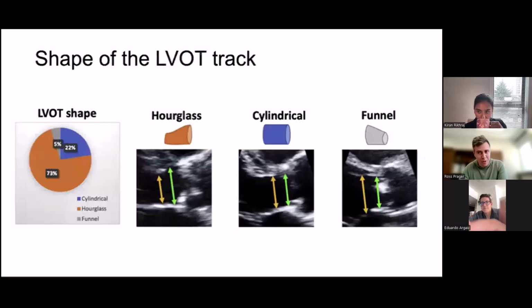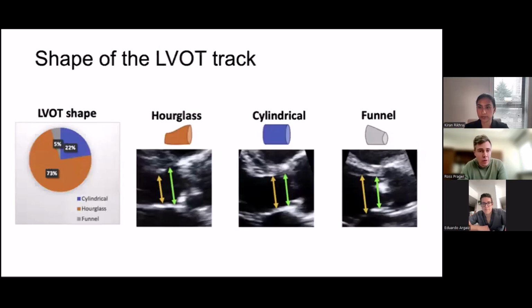First of all, none of us measure the LVOT diameter, probably in part for this reason. And we, again, focus on something like a minute VTI, where you're looking at the VTI and the number of VTIs in a minute as a surrogate of stroke, of cardiac output, or sorry, I should say cardiac index. But if you are going to measure the LVOT diameter to give a stroke volume and a cardiac output, you have to be aware that we make an assumption that the LVOT is perfectly cylindrical.